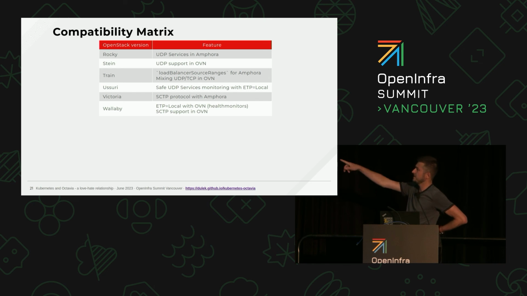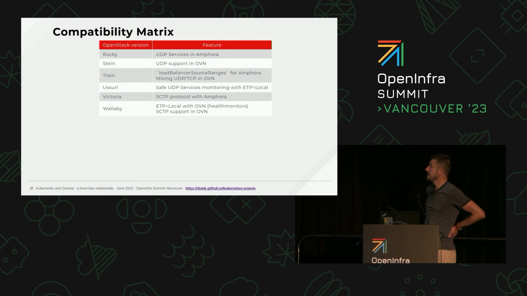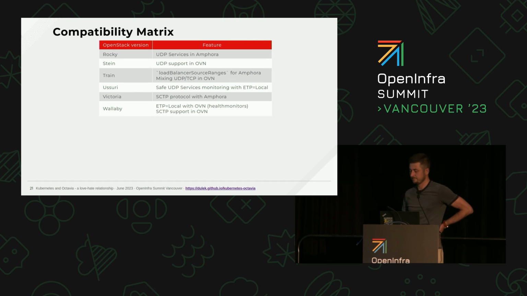Mixing UDP and TCP services is only possible in OVN from Train. Then load balancer source ranges for Amphora, UDP services monitoring in Ussuri, and the SCTP protocol, that's pretty cool, I think, and Wallaby has the broadest feature base at the moment, I think.